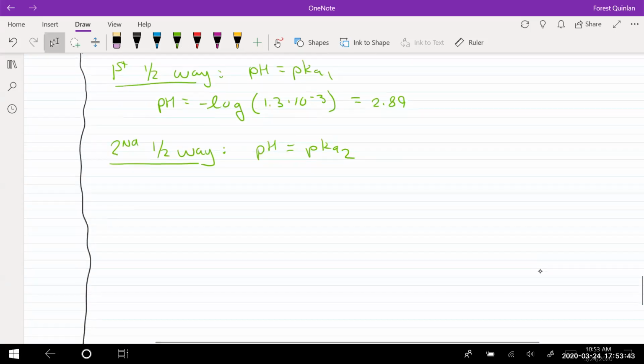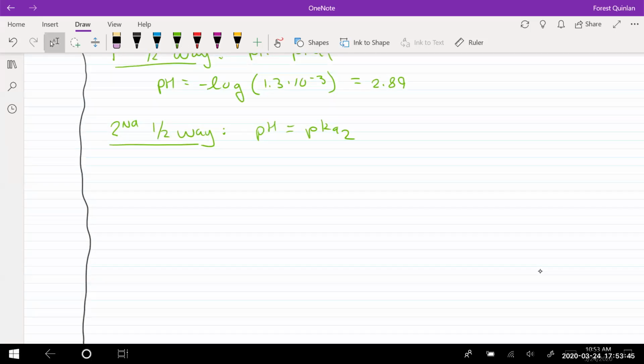So that's pH equals pKa2. So pH equals negative log of 3.9 times 10 to the negative 8, and that is equal to 7.41.